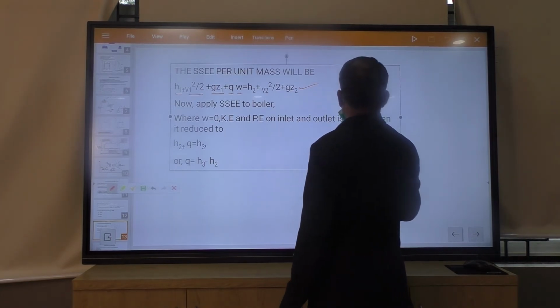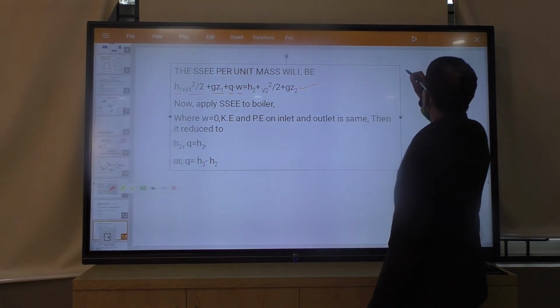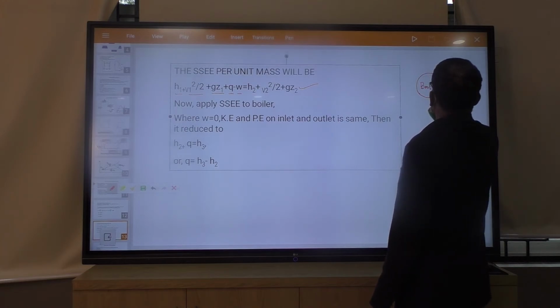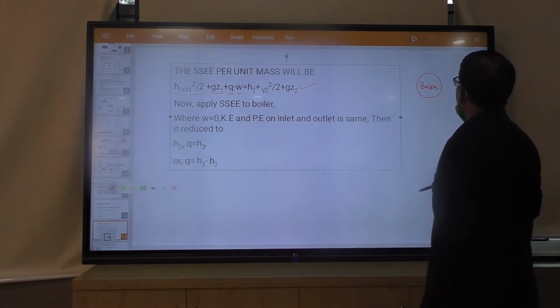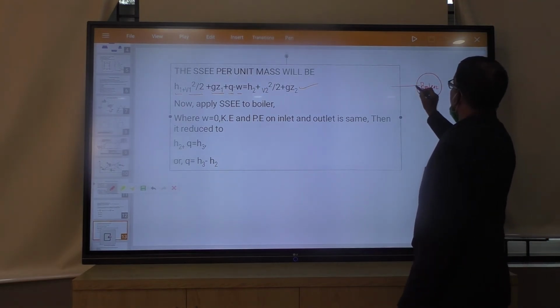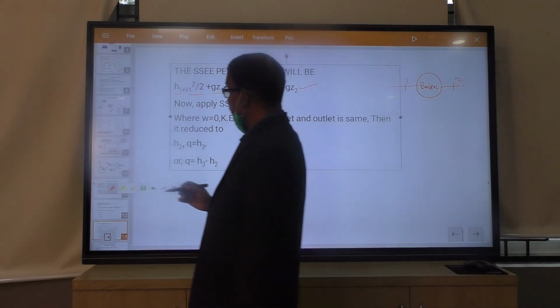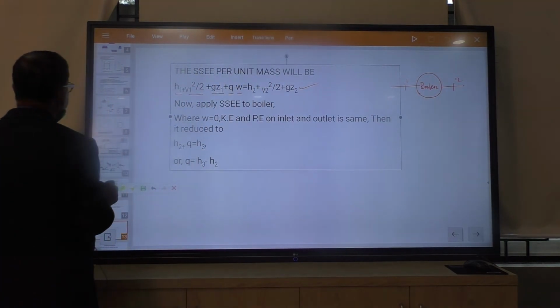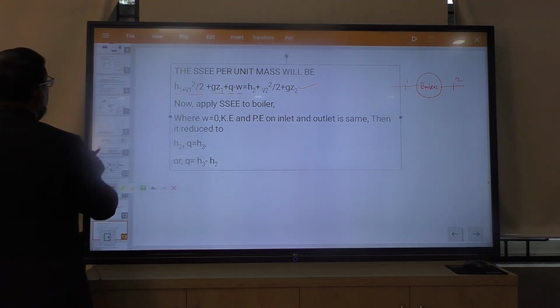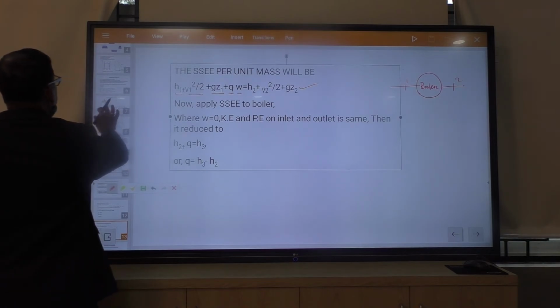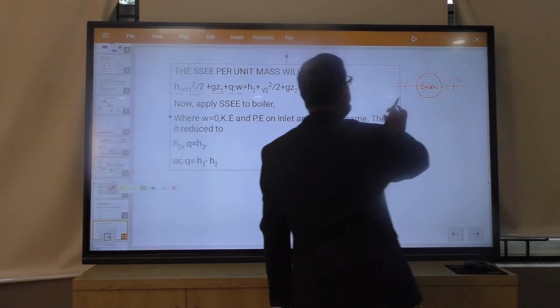Now for boiler, suppose this is the boiler. Actually the points in the boiler are 2, 3. 2, 3 process in the boiler. So let us take 2, 3.